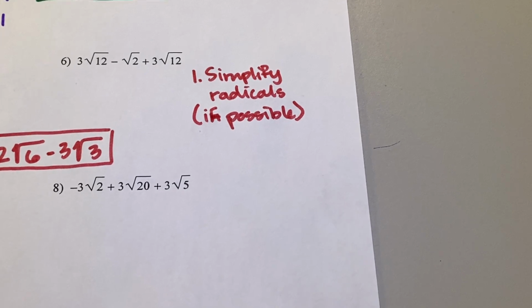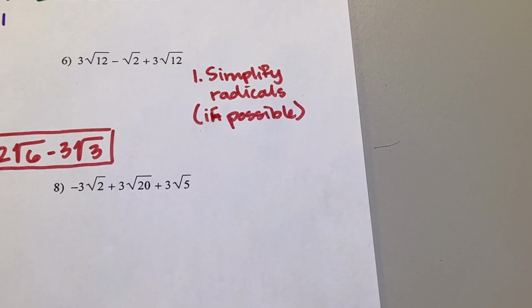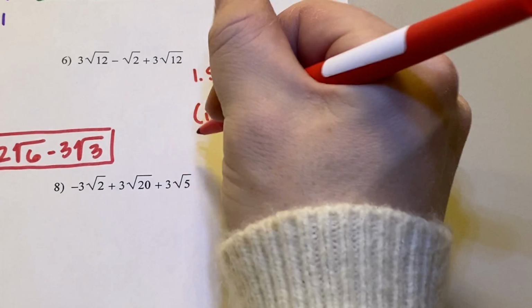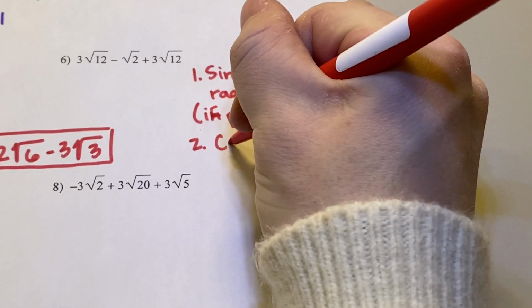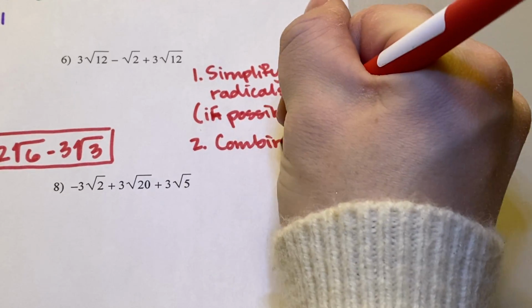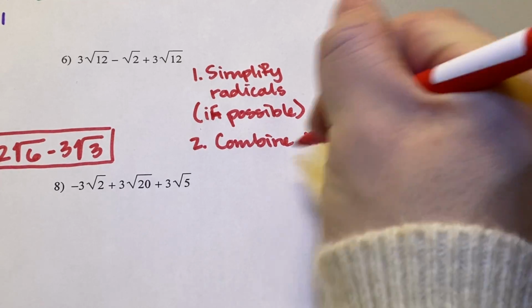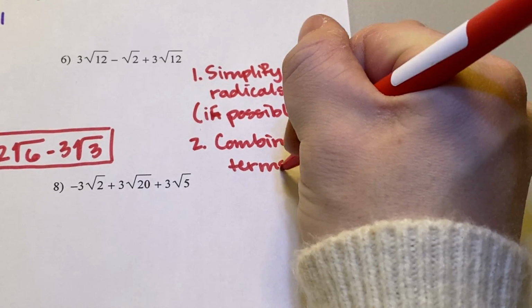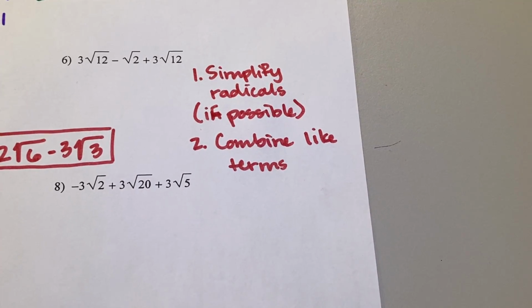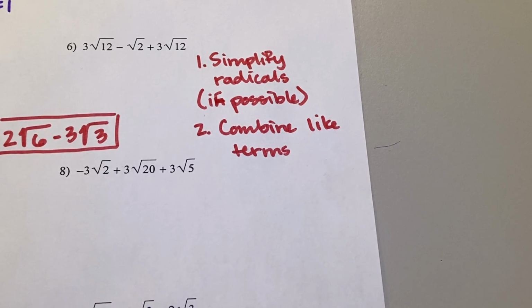So simplify the radicals if possible, if you need to. And then our last step was to combine like terms. Okay, and if it's the same number inside the radical, that makes it a like term.